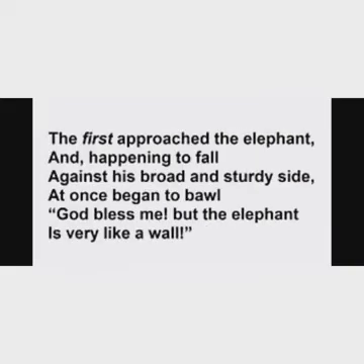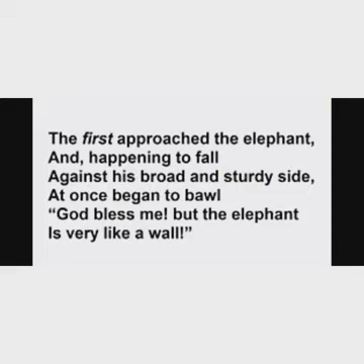Okay, now let's move to the second stanza. The first approached the elephant, and happening to fall against his broad and sturdy side, at once began to bawl, God bless me, but the elephant is very like a wall. And here the 6 men went near to the elephant, and the first approached the elephant and happened to fall against his broad and sturdy side.